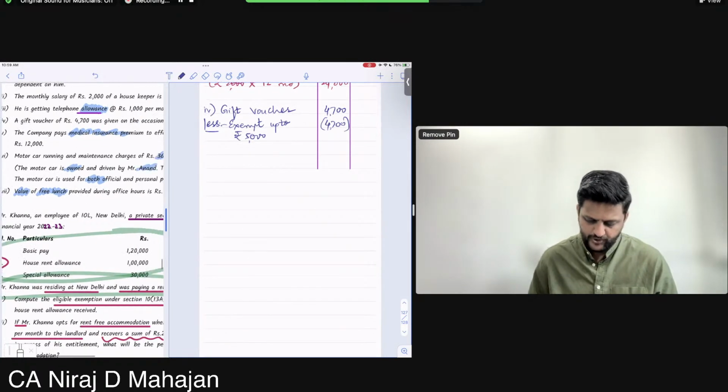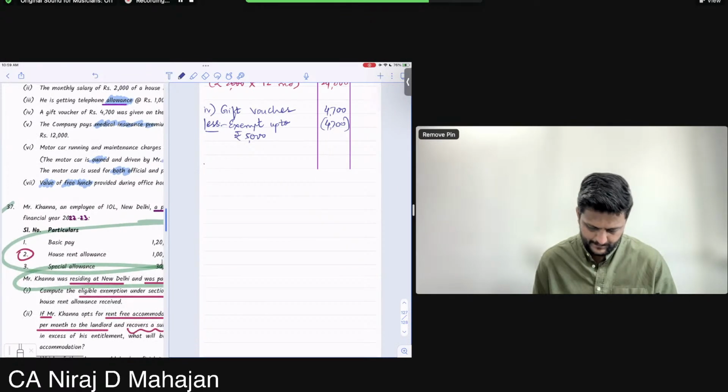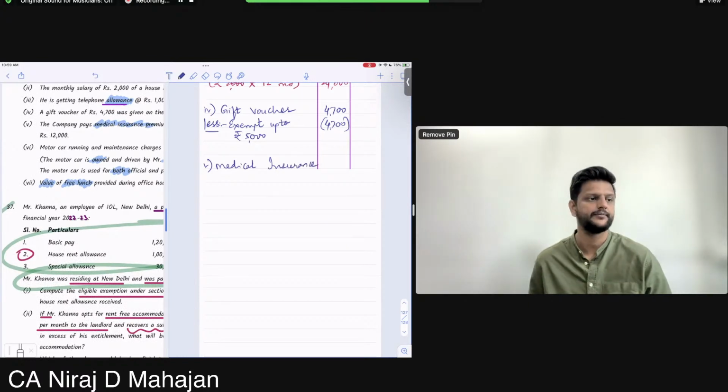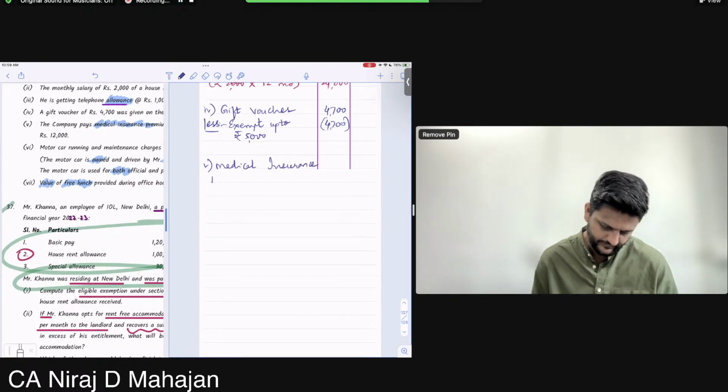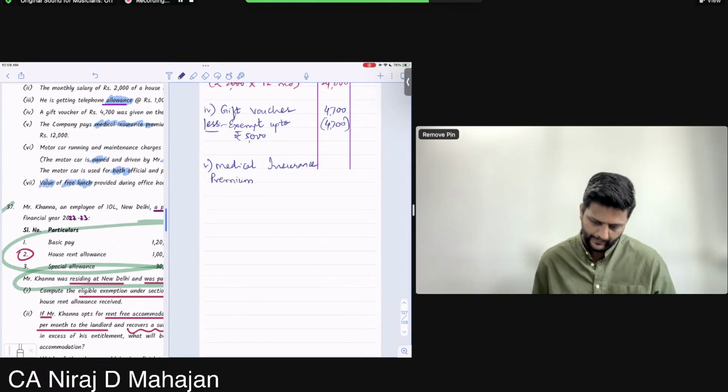What about medical insurance premium, children? Exempt or taxable? Exempt, okay? It is not a perquisite.